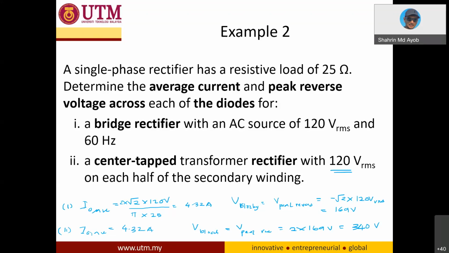We as engineers decide what we want to do to make sure that the system operates as optimized as possible with the lowest cost involved. So whether to use center tap or full bridge, it depends.